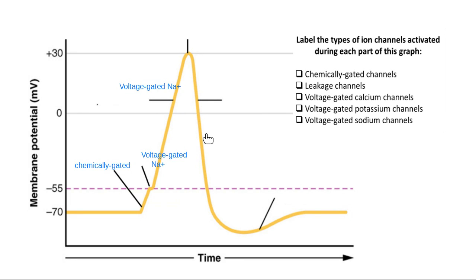Which kind of ion did I use to repolarize the membrane? Yeah, potassium. First kind of channel that opens when I am completely depolarized is voltage gated potassium channels. They open at +30.